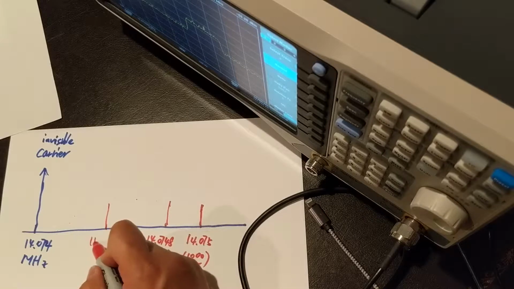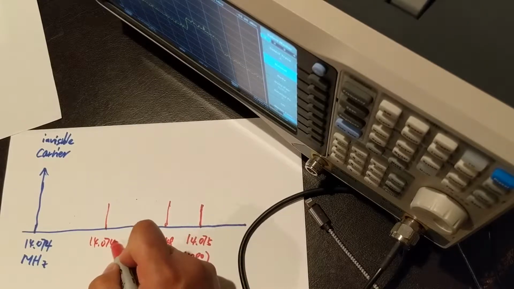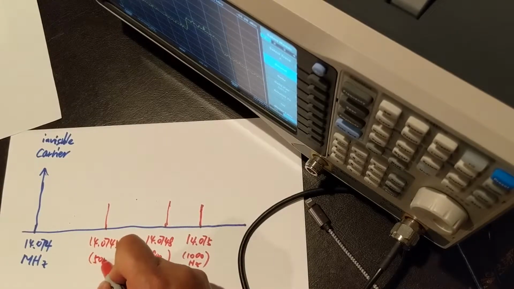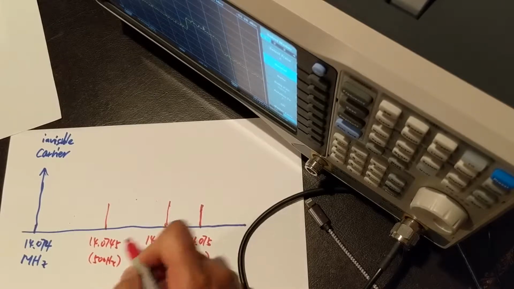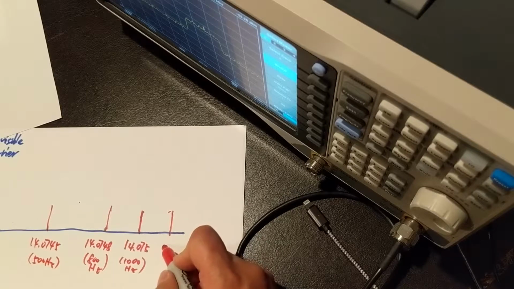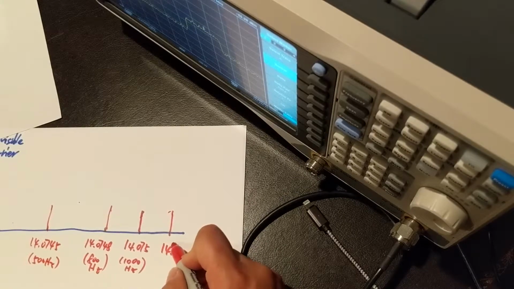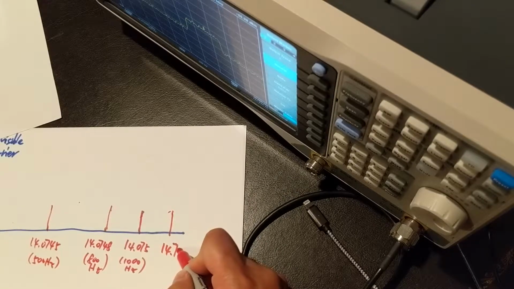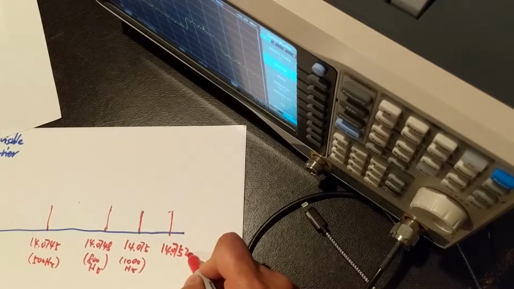That's 14.0745, 500 hertz. Another is 1252.